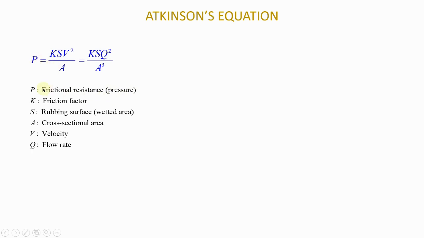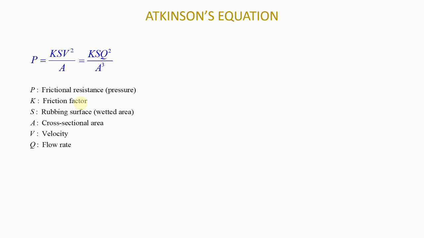That's why it is referred to as the frictional resistance, but it is just a pressure. K that you see is the friction factor, okay? And sometimes in the question they may say to you, take Atkinson's factor to be this number, and they will give you the number. And so that will just be K, okay?